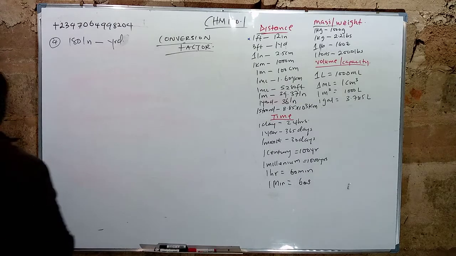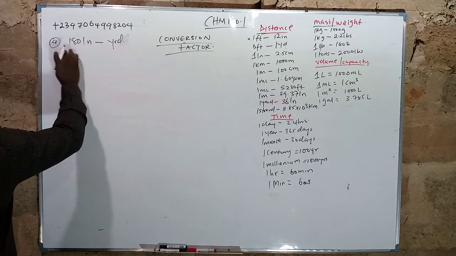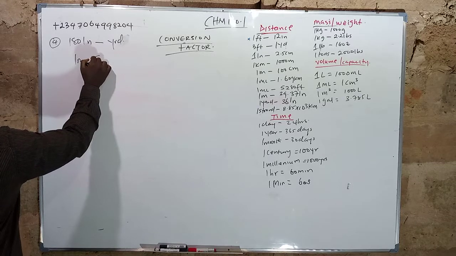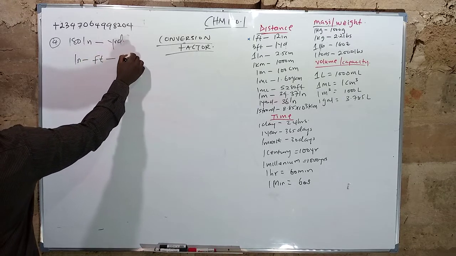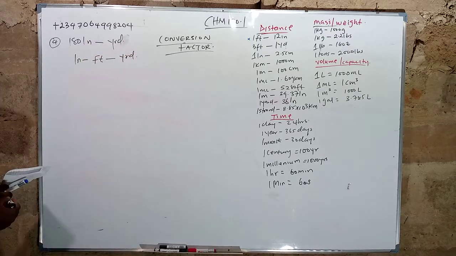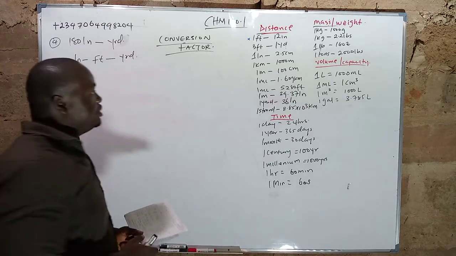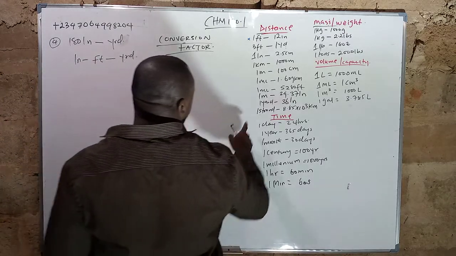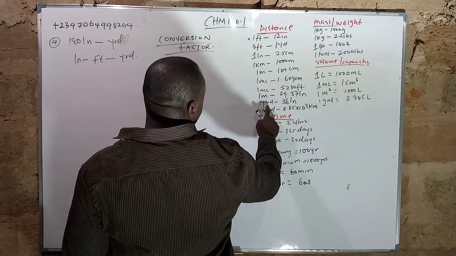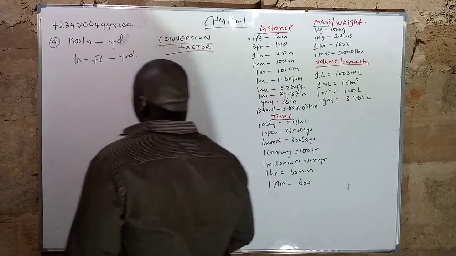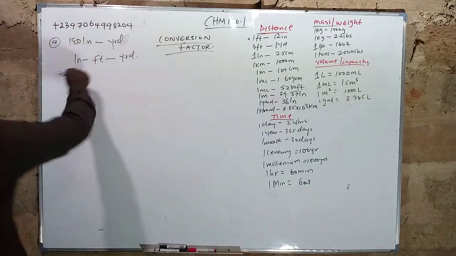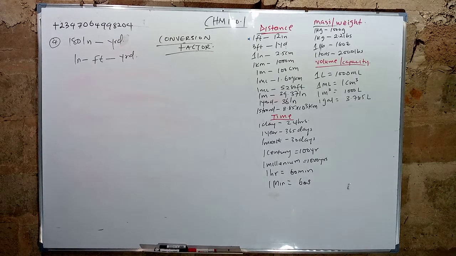I want to convert this from inches to foot, then I'll convert it to yard. Because I just saw here that we have a one-step conversion: 1 yard is equal to 36 inch, and I will get the answer immediately. But I want to solve it in 2 steps so that you can learn it.